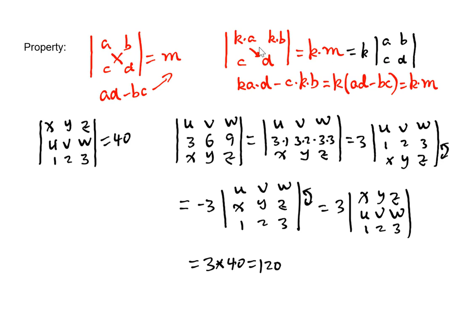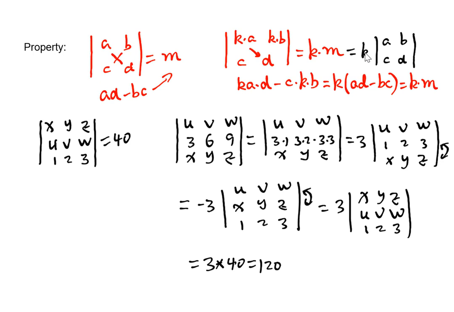Basically you can take this K out, and inside is A, B, C, D. So you can find the determinant of this one, and if you are given that, then multiply by the constant.